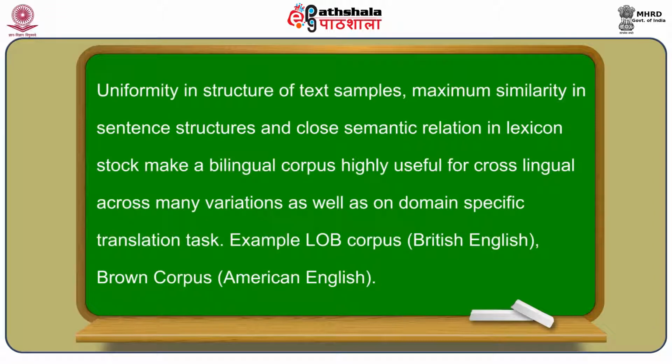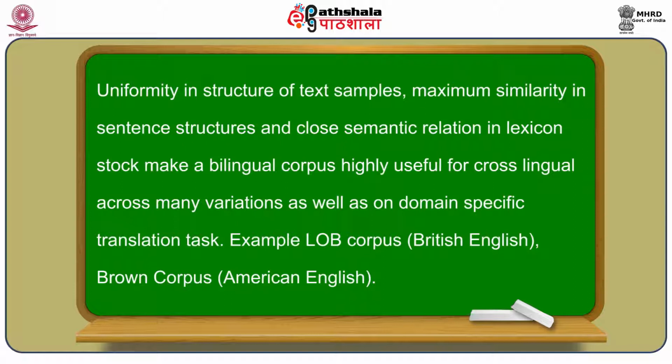Uniformity in structure of text samples, maximum similarity in sentence structures, and close semantic relation in lexicon stock make a bilingual corpus highly useful for cross-lingual studies across register variations as well as on domain-specific translation tasks. A befitting example of bilingual corpus is, say, the Lancaster-Oslo/Bergen corpus and the Brown corpus.